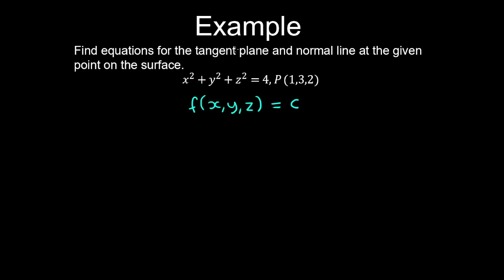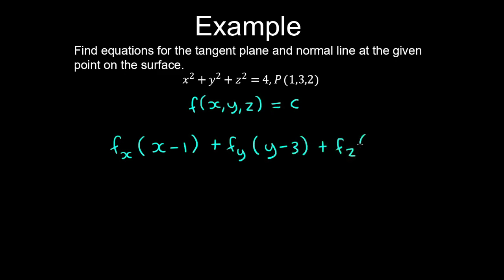So the equation of the tangent plane in this case is the partial derivative with respect to x times x minus the x coordinate of the point on the plane, which is 1, plus the partial with respect to y times y minus the y coordinate of that point, plus the partial with respect to z times z minus the z coordinate of P, and that's equal to 0. And note these partial derivatives are evaluated at the point.